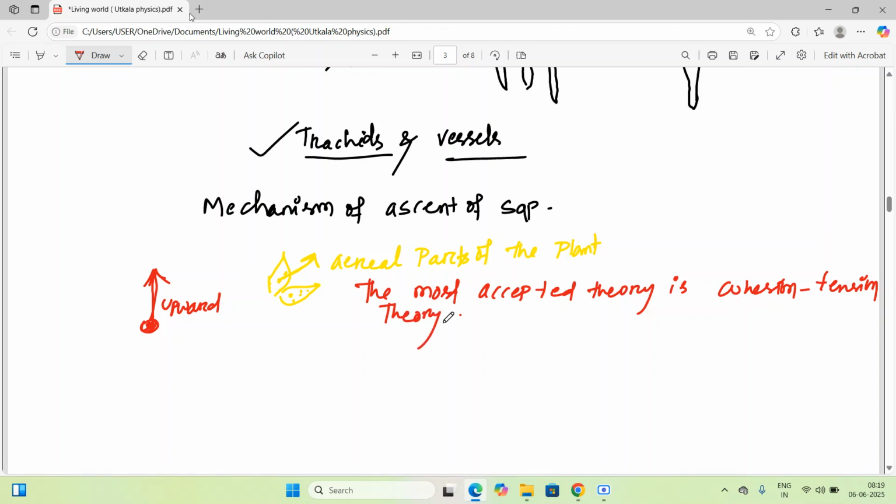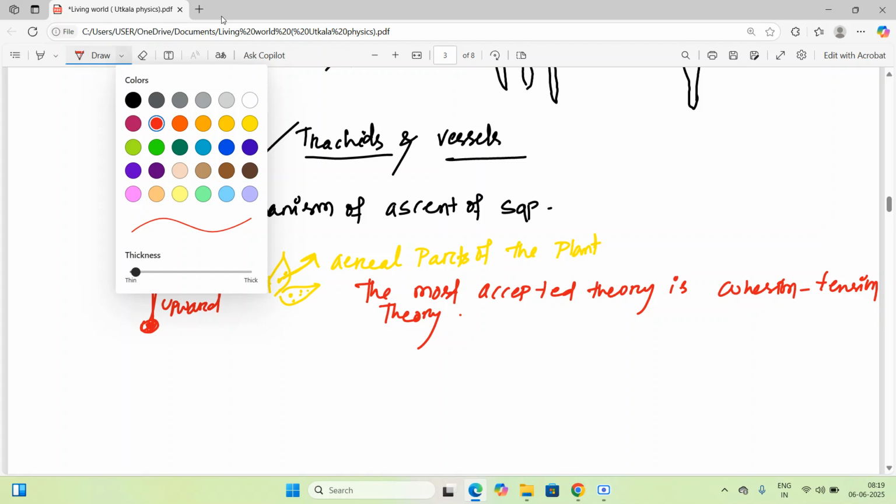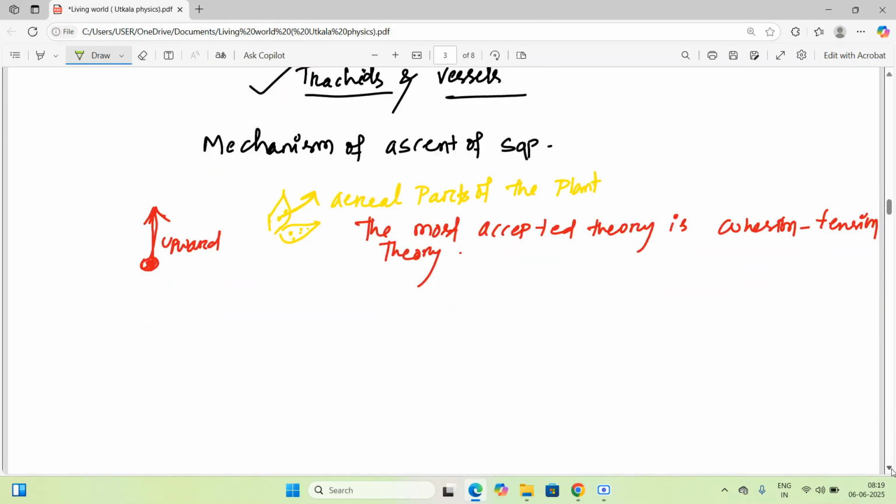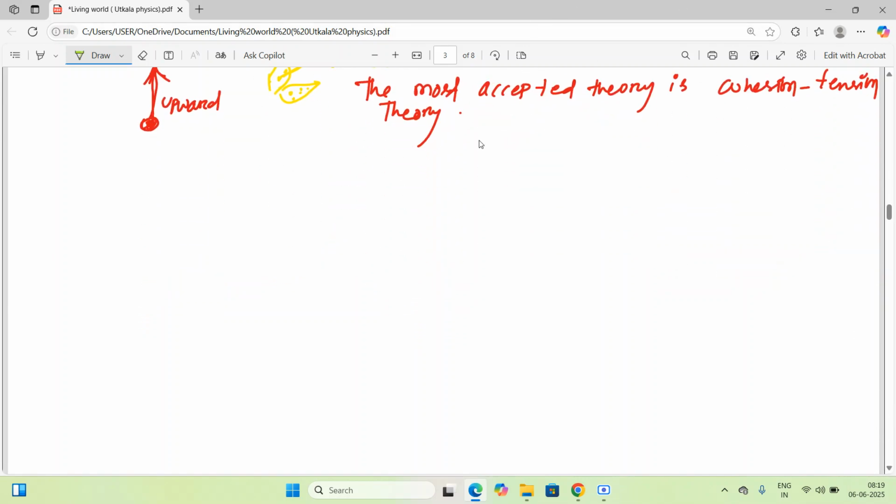Got it? What is the cohesion tension theory? Some physical properties of water support the formation of a water column in the xylem vessel, and their upward movement is described below. The upward movement can be explained by cohesion.